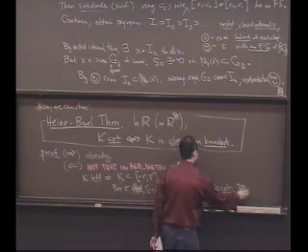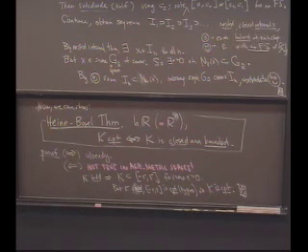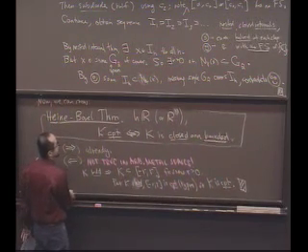End of story. So showing this for closed intervals being compact was essential. I mean, we did a lot of hard work there, and now we're just reaping the benefits. Okay. So any subset of R that's closed and bounded is compact.